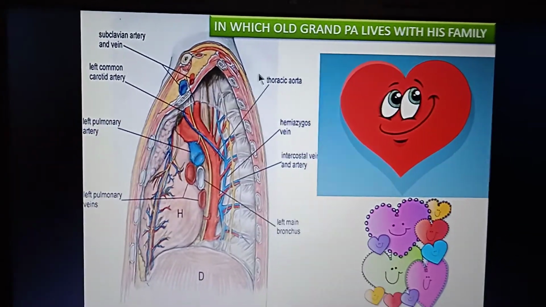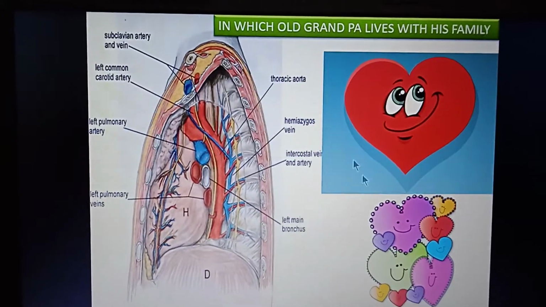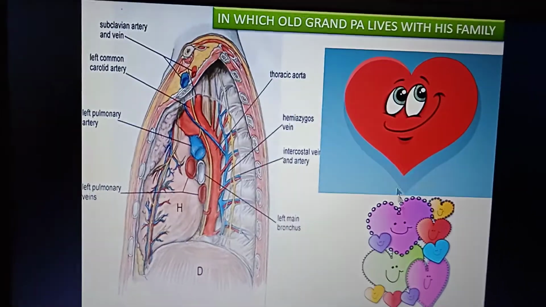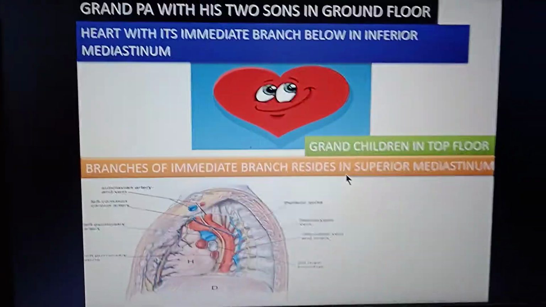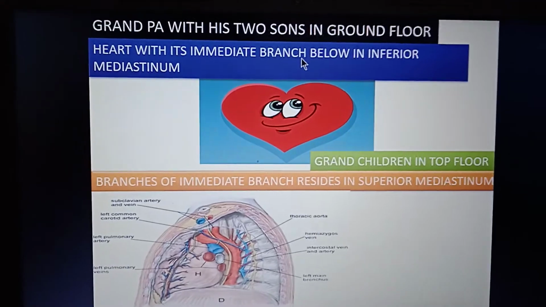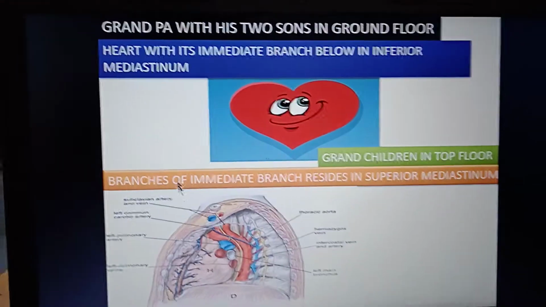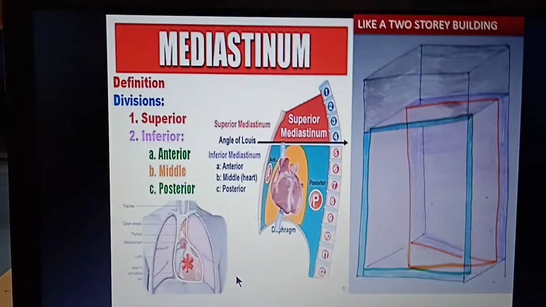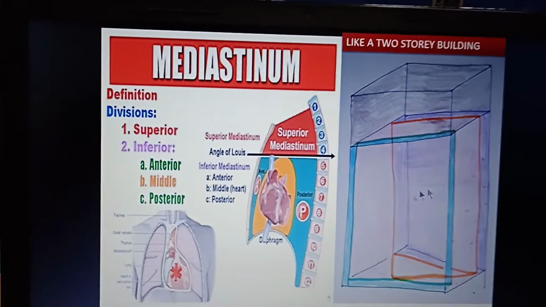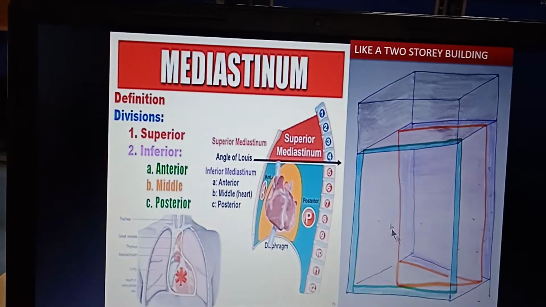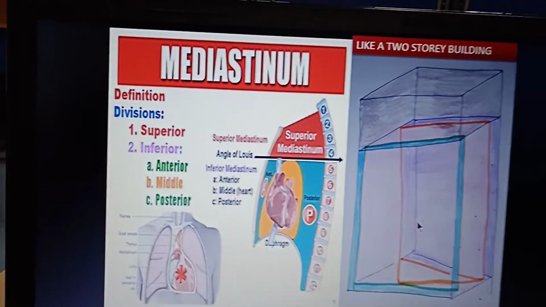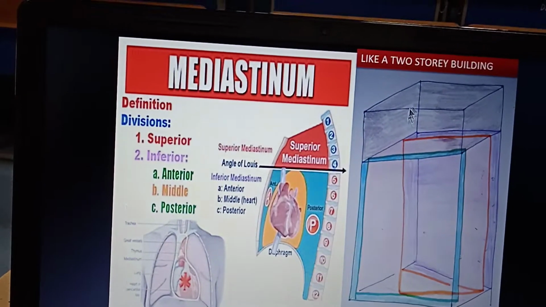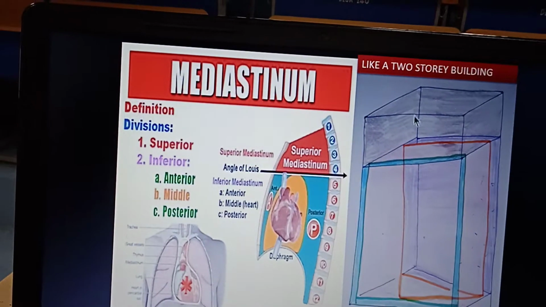In the inferior mediastinum, the whole mediastinum is a family of grandpa, that is the heart. Grandpa with his two sons reside on the ground floor, in the inferior mediastinum. Here you can see this. The ground floor is occupied by the grandpa, that is the heart, with his two sons, and the grandchildren are shifted to the first floor.